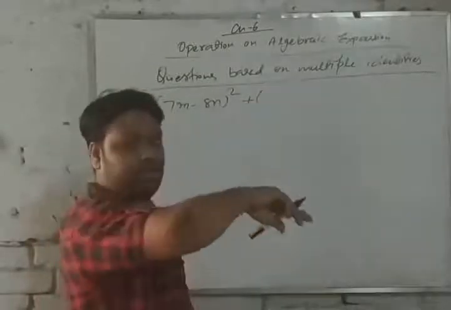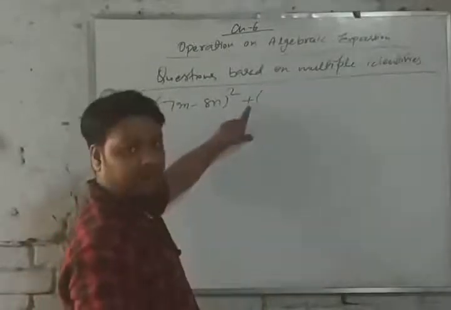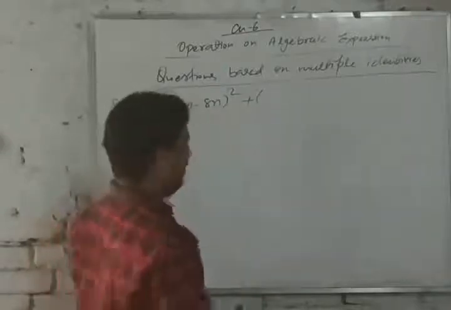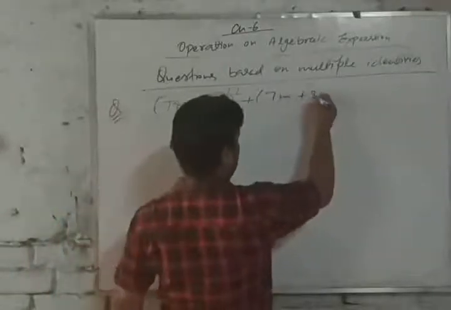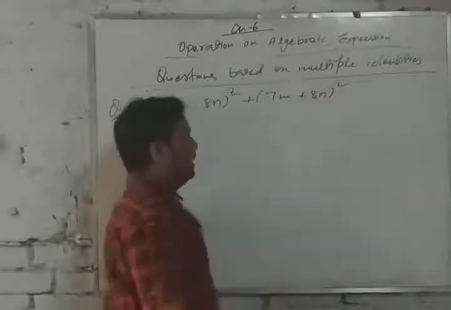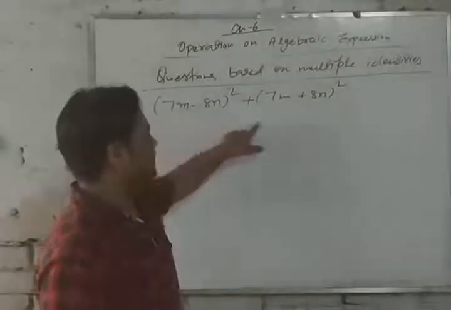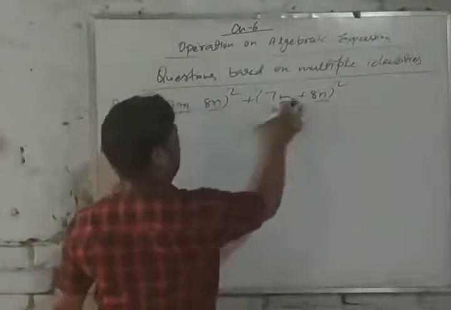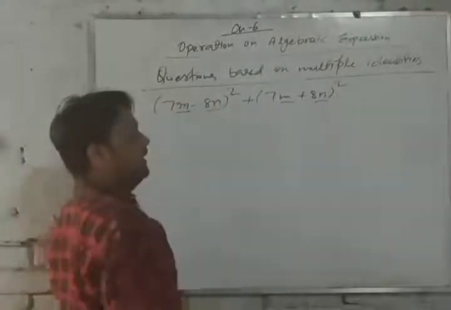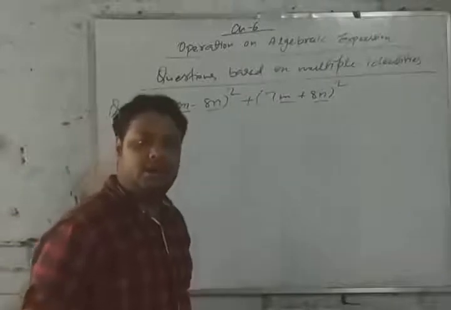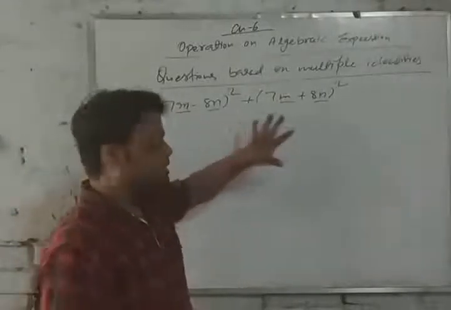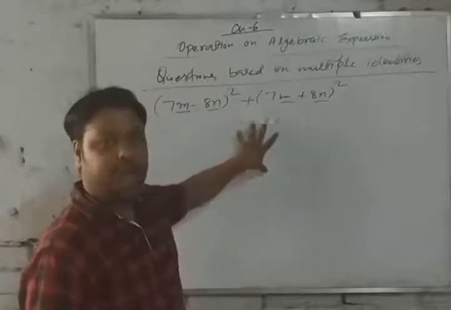In the previous question we had written minus sign in between, but here plus sign. (7m − 8n) square and (7m + 8n) square. Again you can see 7m equal, 8n equal, but here minus and here plus. That is, both expressions are again not the same. So again we will separate it and solve it separately by using a separate identity.